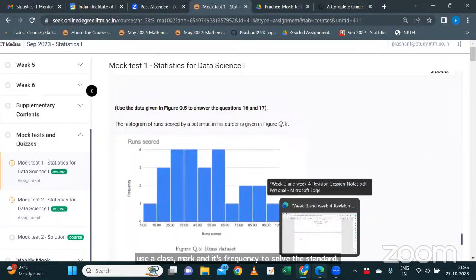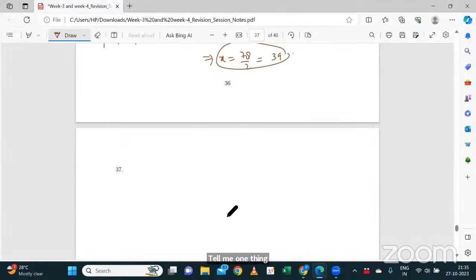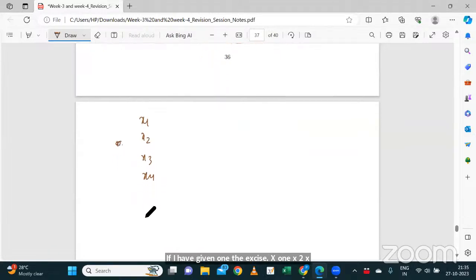Tell me one thing. If I am given only observations x1, x2, x3, x4, how will you compute the mean? Summation of xi divided by n.